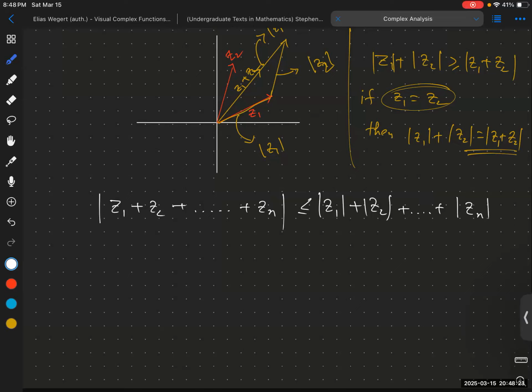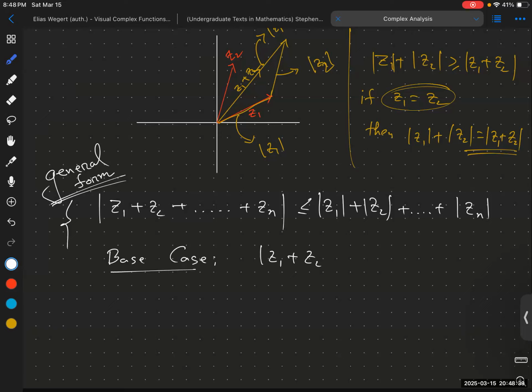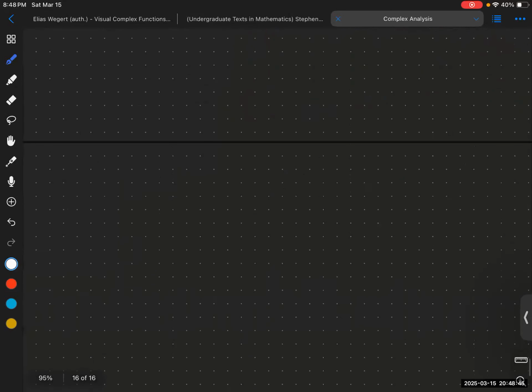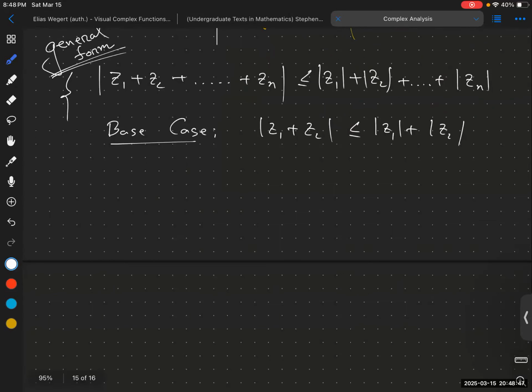So this is the more general form. We can prove it using the method of induction, because we have the base case, that is |z1 + z2| is less than or equal to |z1| + |z2|, and then we can use induction to prove that.